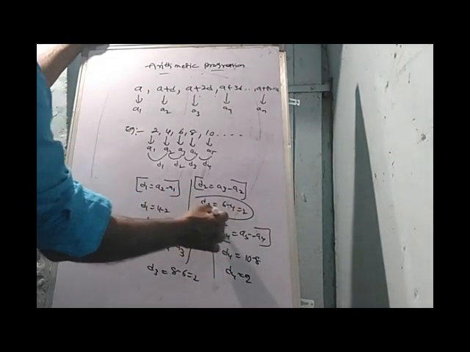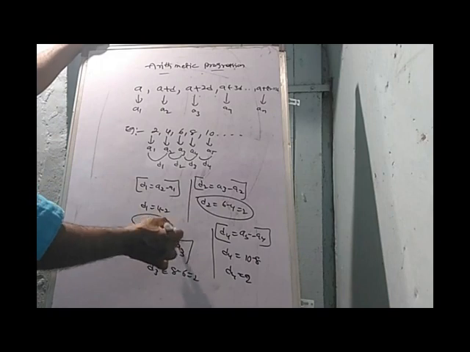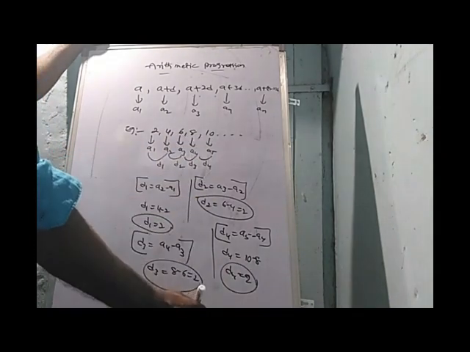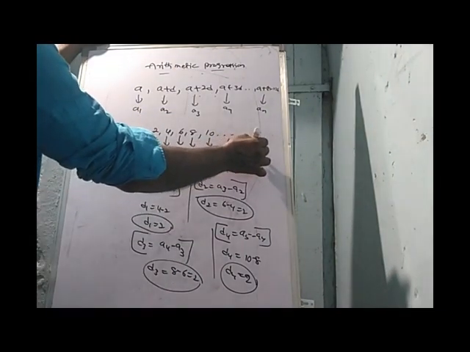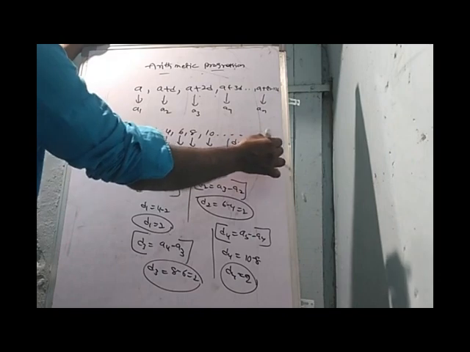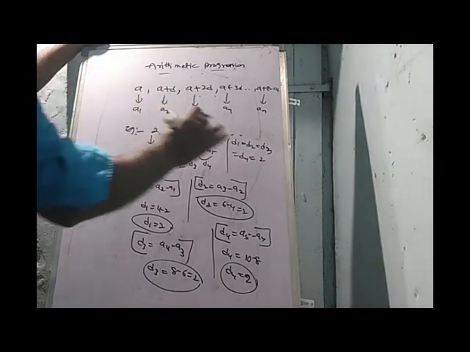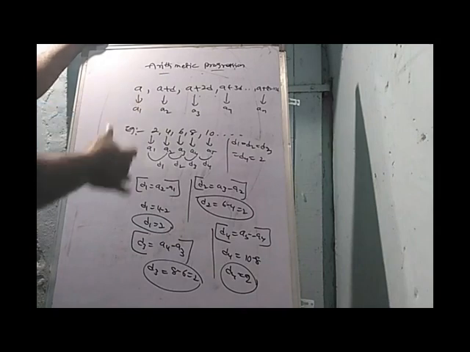So when you observe this value and this value and this value and this value, all differences are the same. D1, D2, D3 and D4 are equal. Then we conclude here that this list of numbers is in AP.